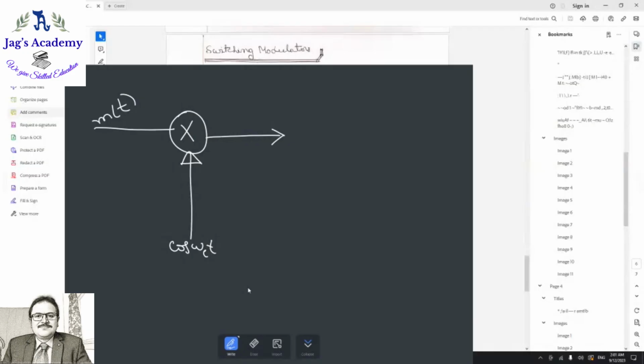What you get here is m of t into cos of omega ct. And what is this? Double sideband suppressed carrier AM wave. Never forget this. Right? Okay.